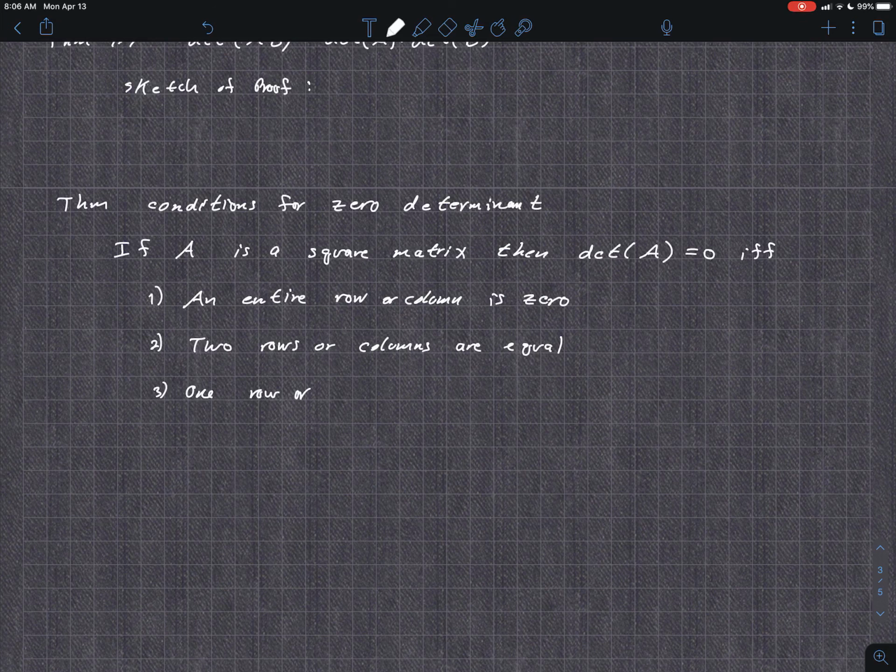So those are the three main things to see.